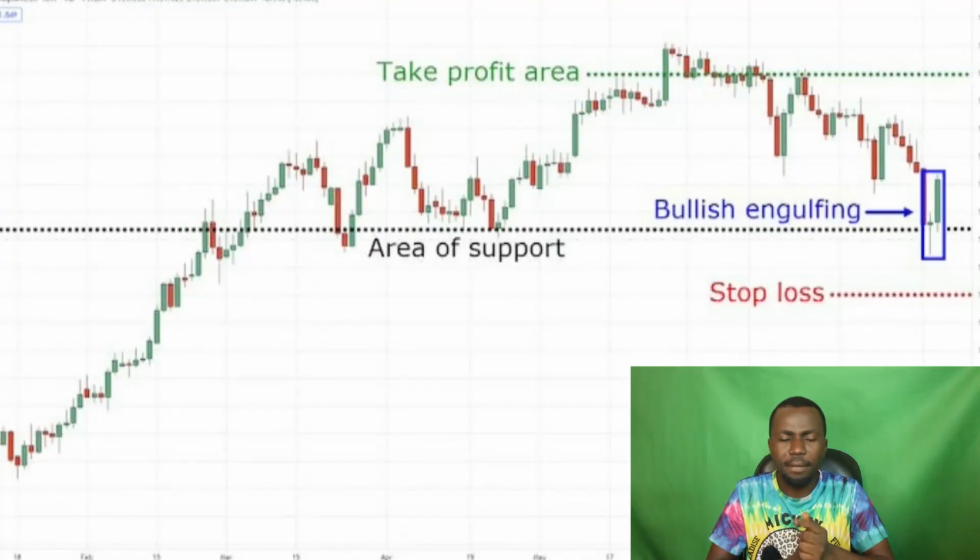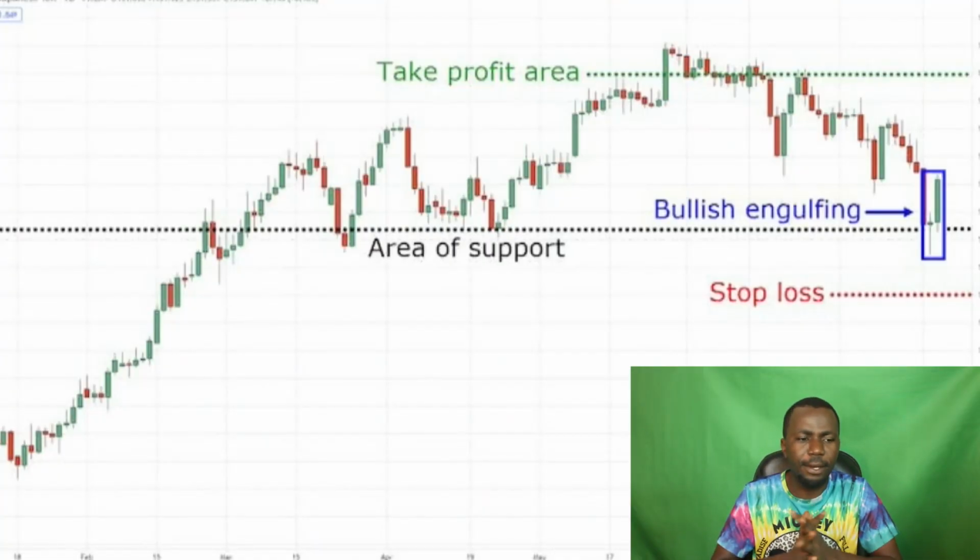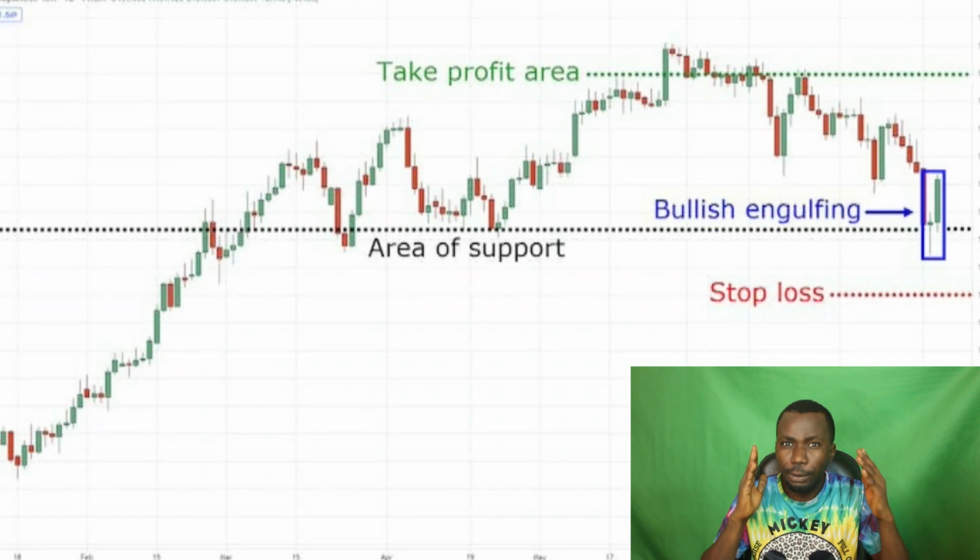So since you have identified an area of value, what you're looking at now is an entry trigger for you to confirm that you are ready to place a trade. After you have identified your area of value, the next thing you have to look at is the entry trigger. So what is the entry trigger? The entry trigger is the candlestick pattern.